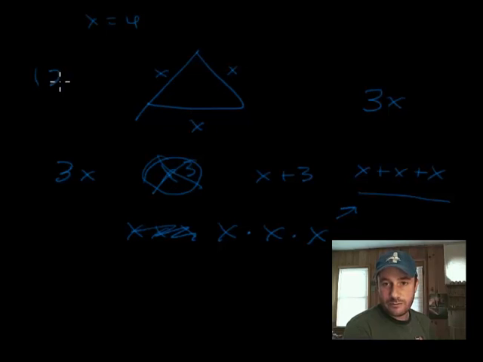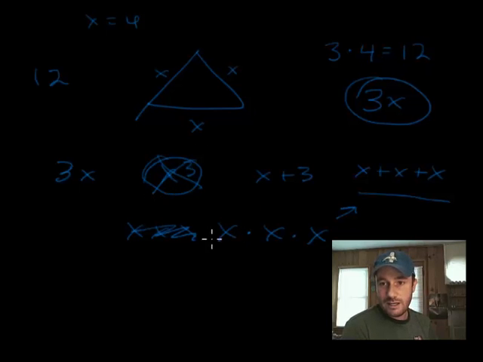That would be 12, right? So 4 plus 4 plus 4 equals 12, which would be the same as 3x, in other words 3 times 4, and that would equal 12.